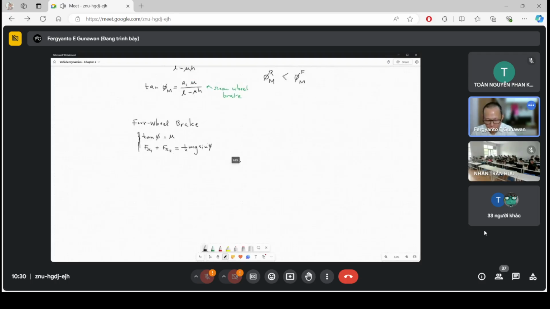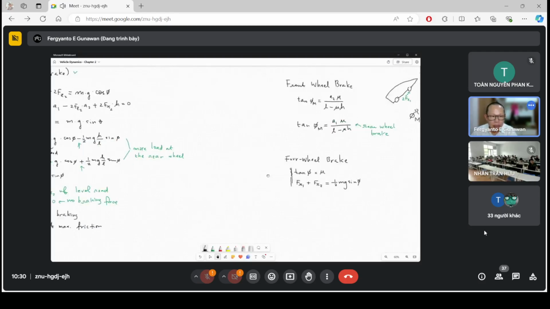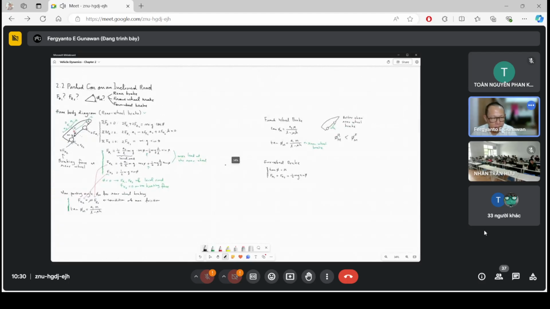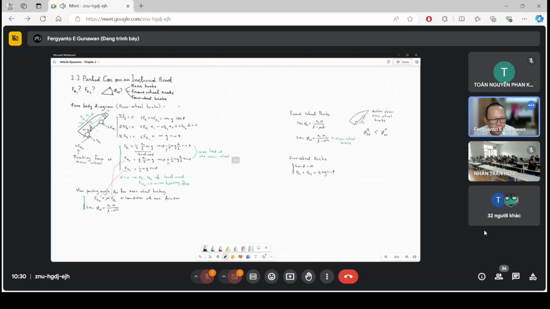So let me review one more time. We talked about a car on the inclined road for the rear brake, front wheel brake, and four-wheel brake. This equation is applicable for the front wheel and also the rear wheel brake. And these two equations are applicable for the rear and front.